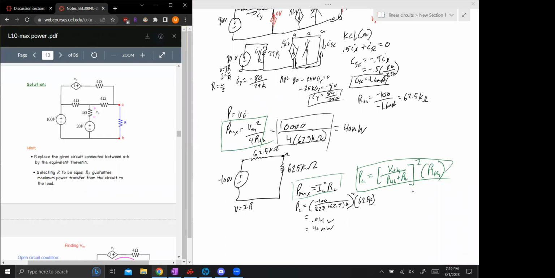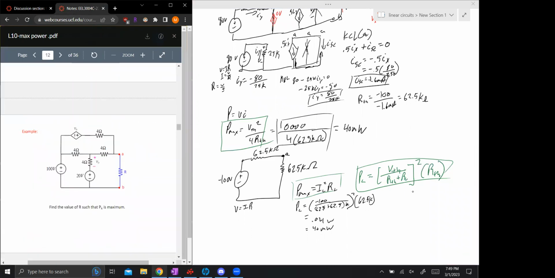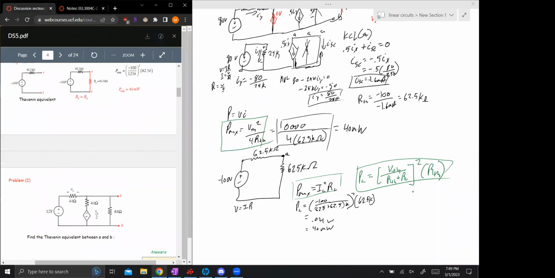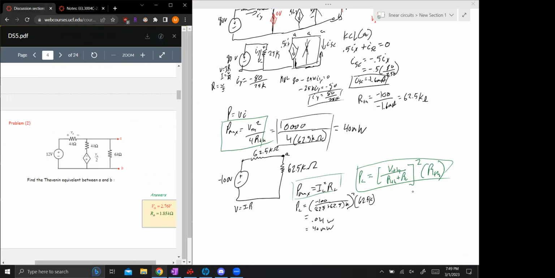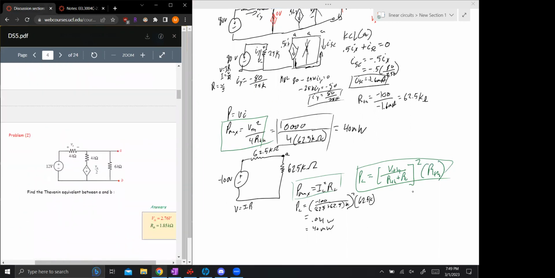Perfect. So let's do V Thevenin squared over 4 R Thevenin is also valid? Yes. Okay.